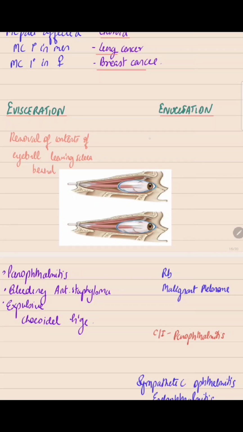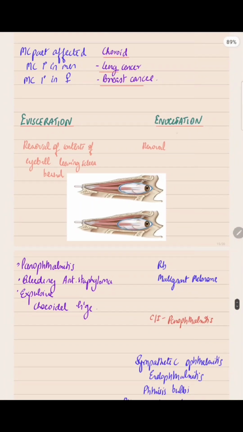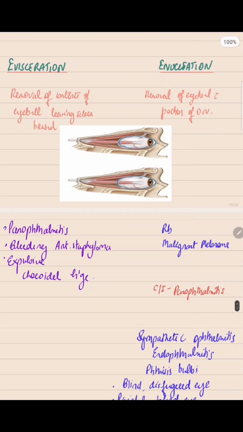Enucleation is removal of the eyeball with a portion of optic nerve. In evisceration, the most common indications are panophthalmitis, bleeding anterior staphyloma, expulsive choroidal hemorrhage. These are the indications in evisceration.